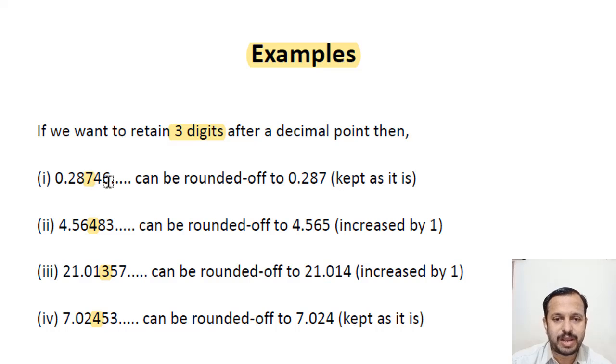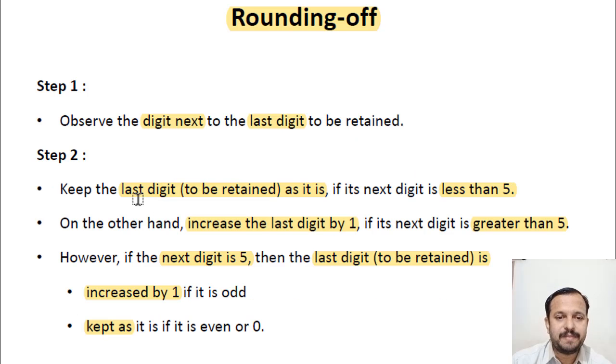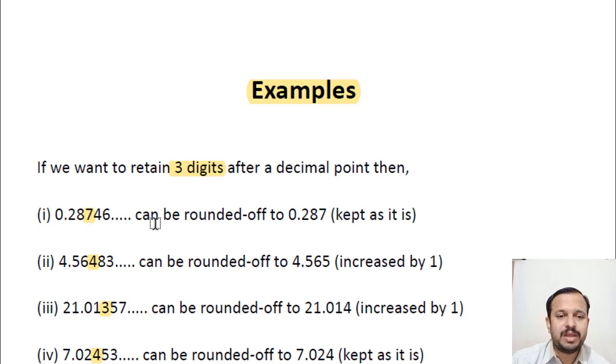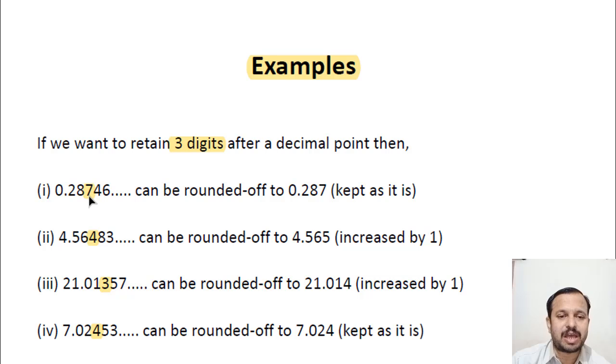If you look at the previous condition, we observe the digit next to the last digit; if the next digit is less than 5, keep the last digit as it is. So the last digit that we want to retain is 7, next to that is 4, and 4 is a digit which is less than 5.